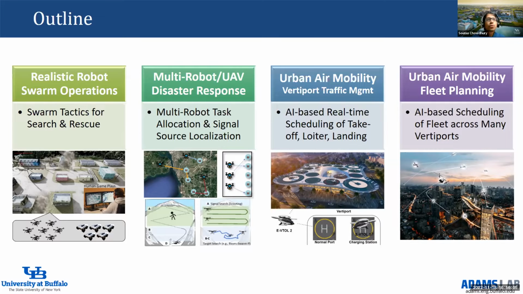Then I'll move to an aerospace application, talking about urban air mobility, which is this new concept of using electrified vertical takeoff and lift aircraft that can carry anywhere from 2 to 5 passengers, basically flying taxis, if you want to think about it.